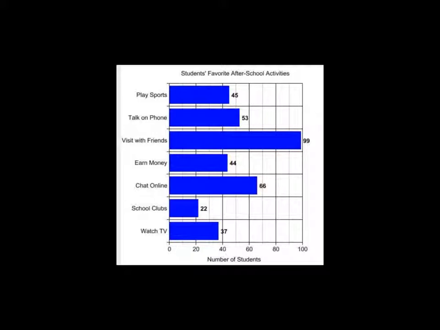Here's another example of a bar graph that you're going to see also has a title up here at the top. Here we go. But you're going to notice that the bars aren't going up this time, they're going to the side. This is another way you might see bar graphs, and I wanted to go ahead and expose that to you today.